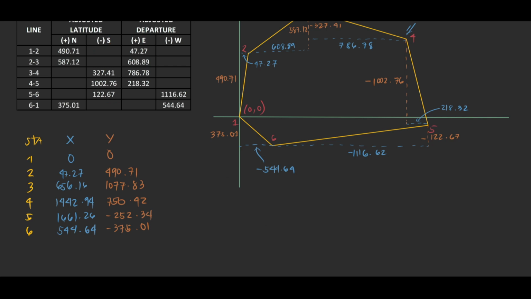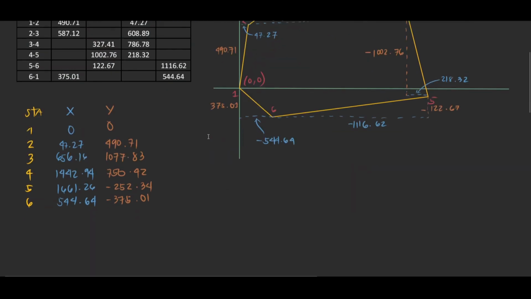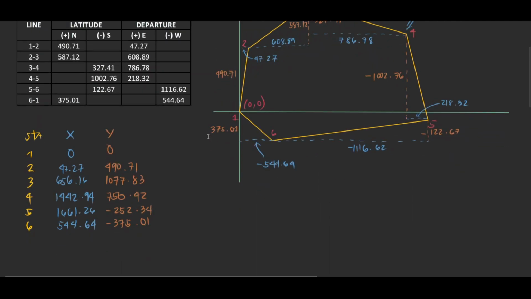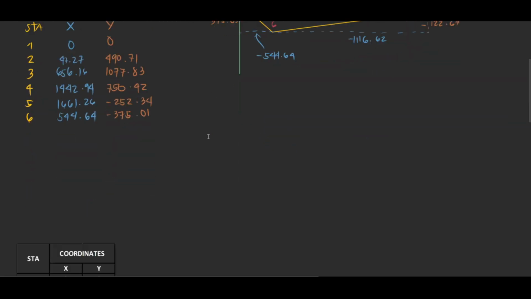Okay, here we go. So now we've successfully computed the coordinates of our stations. So now that we've done this, we can now apply the general formula for the coordinate method. Okay, let's go down here. So I've typed it out. So what do we do here?